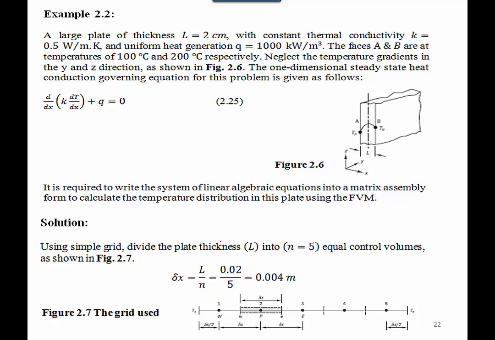We will use the number 5. Therefore delta x will equal 4 millimeters, as shown in figure 2.7. The numbering of the nodal points doesn't matter, whether you start from the left side or head to the right side, as shown in figure 2.7.